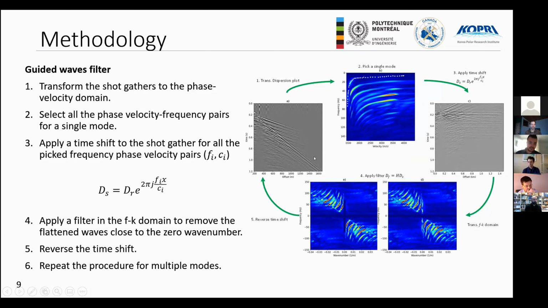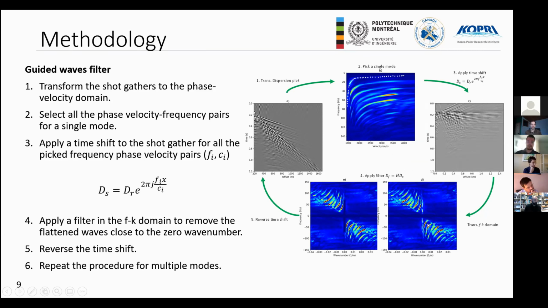Using this equation, we take the frequency and velocity pairs and apply a time shift. With the time shift, we transfer to the FK domain. The first thing we notice is that the mode will be aligned close to the zero wavenumber.